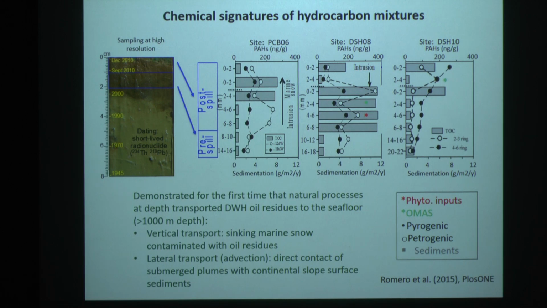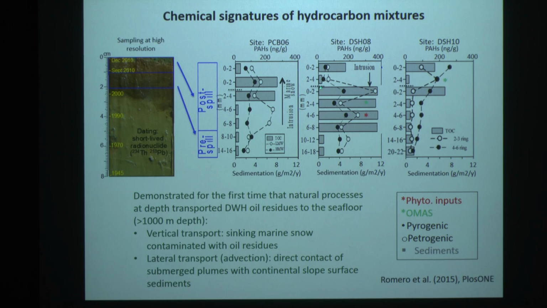The white dots are low molecular weight PAHs, which are known to dissolve better in water, while the black dots are high molecular weight PAHs, which are known to stick more to the organic particulates, to sediments. So with this data set, we were able to demonstrate for the first time the natural processes of deposition that transported Deepwater Horizon oil residues to the surface of the sediments on the seafloor.